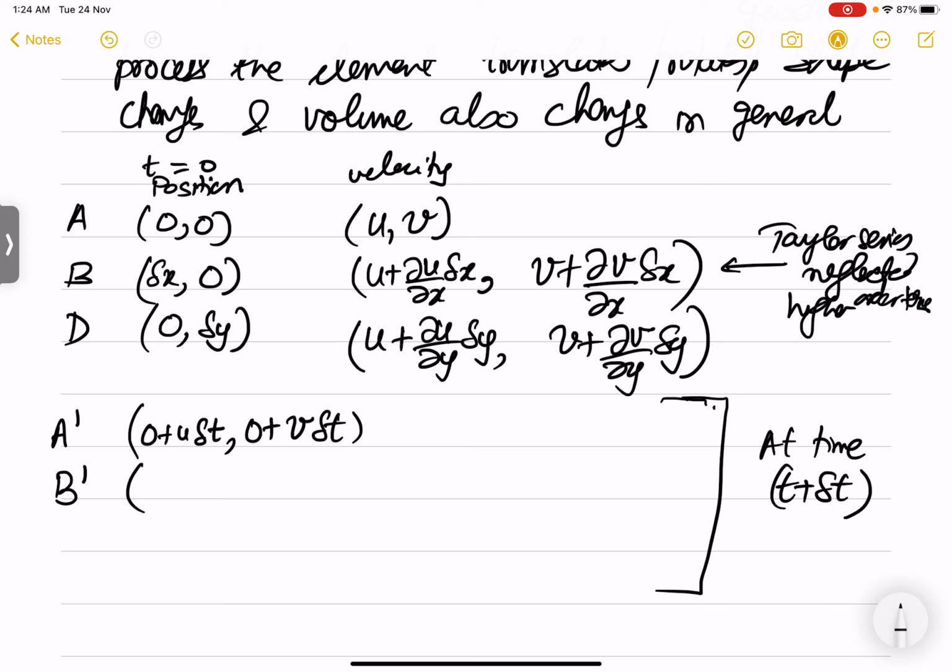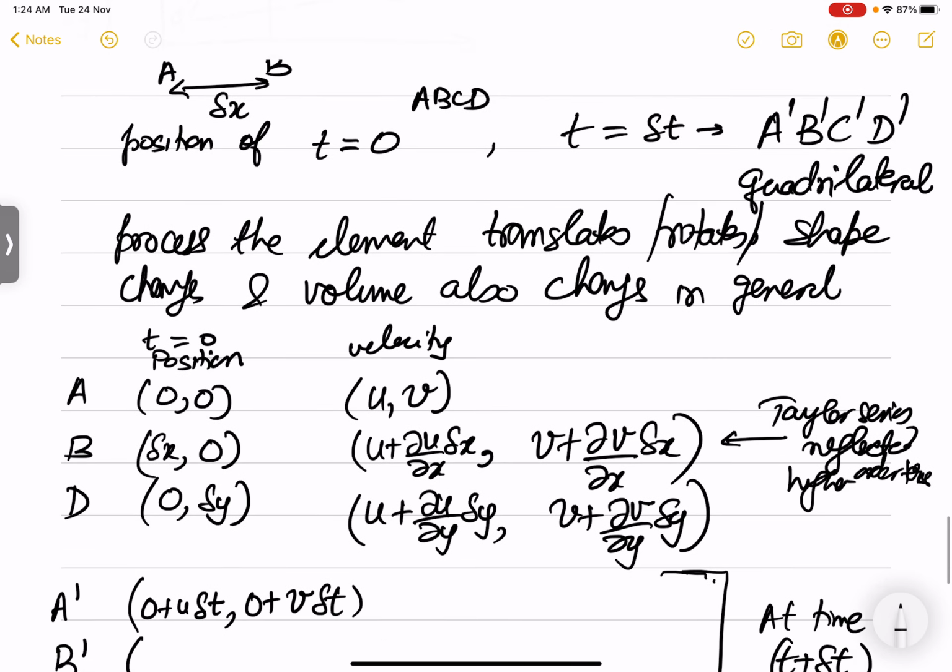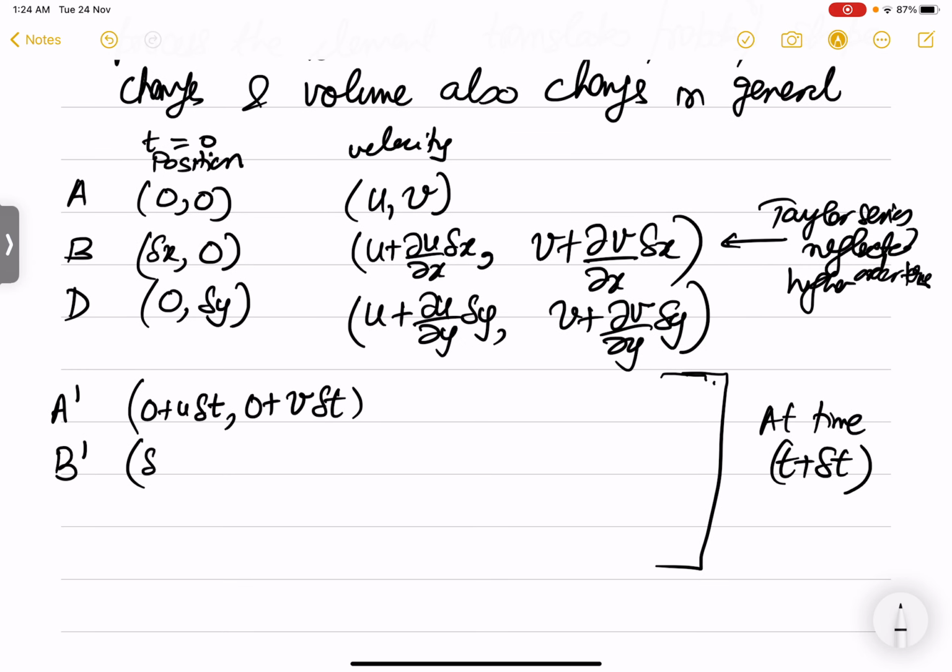The coordinates of point B prime will be, now the x coordinate will be whatever delta x was there for B, plus the distance, which is u multiplied by delta t. So plus u plus partial u by partial x delta x multiplied by delta t.